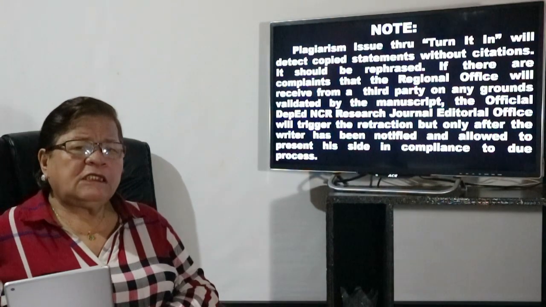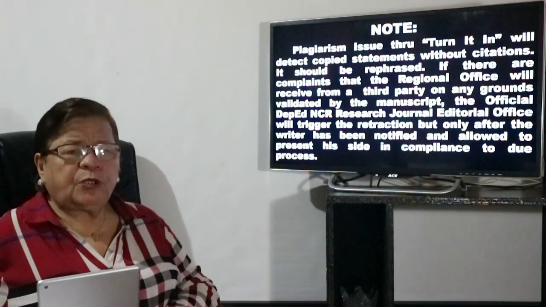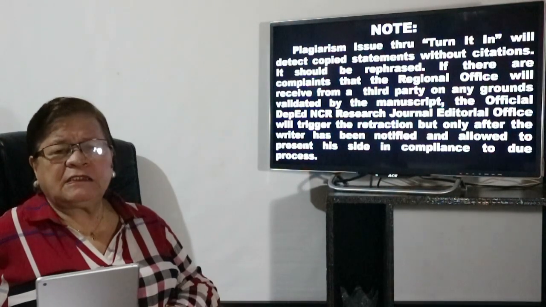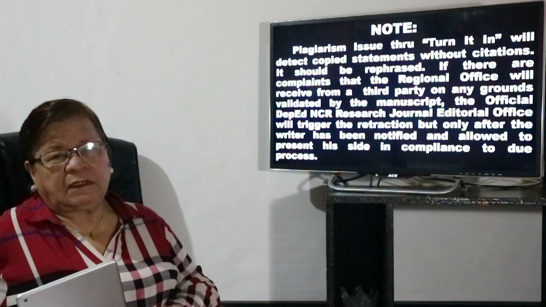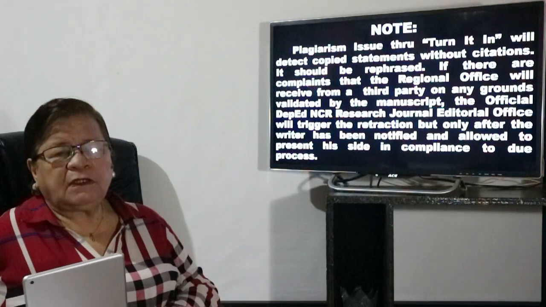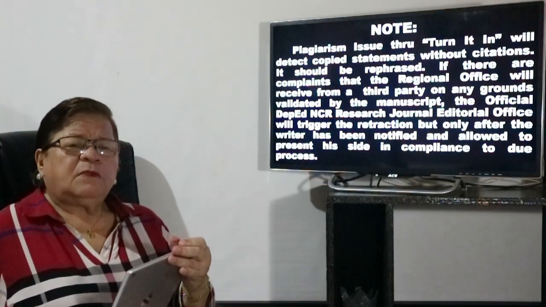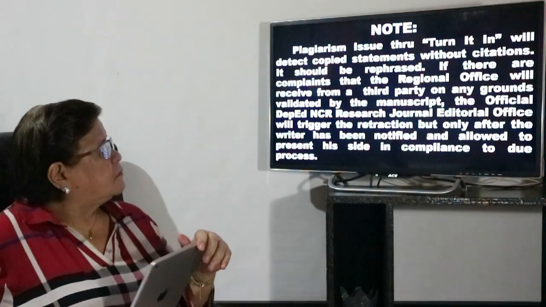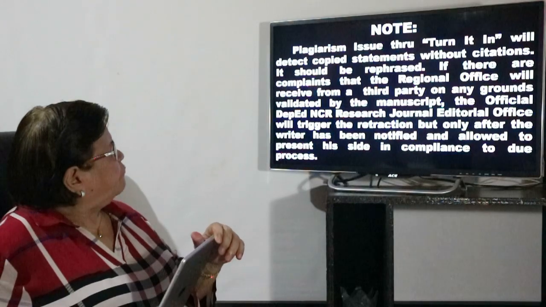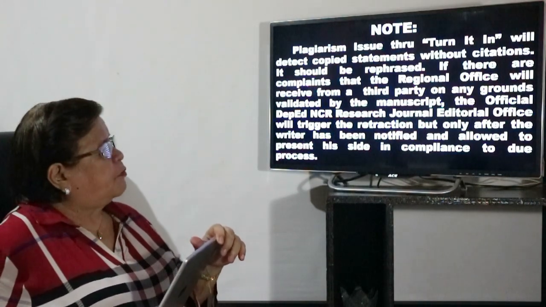You rephrase what has been stated by the original author, but be sure that when you rephrase the statement, it must have a parallel meaning, or you are conveying the same statement as what the original author said. Now, that it should be rephrased is very important.